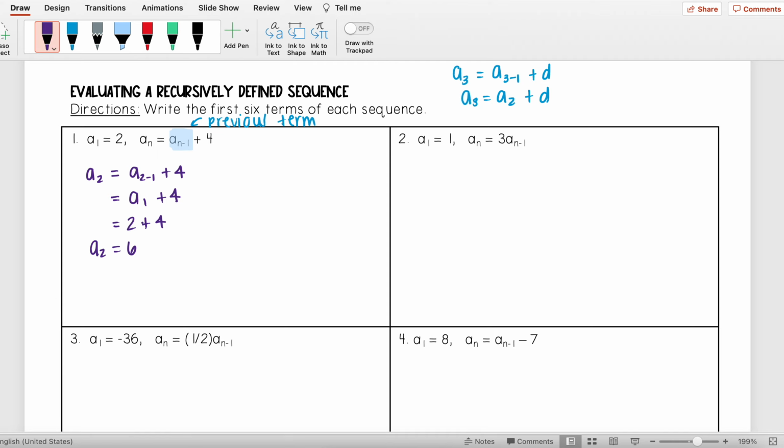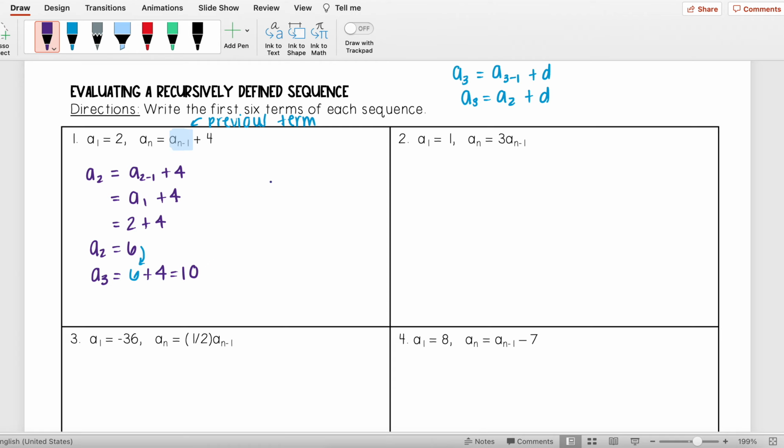That's a little bit of a longer way to do it. A shortcut you can do is just to remember that this term is equal to the previous plus 4. So I'm going to think of it that way. I have a3 is equal to the previous, which is 6, plus 4, which is equal to 10. So I insert the previous into the next one.